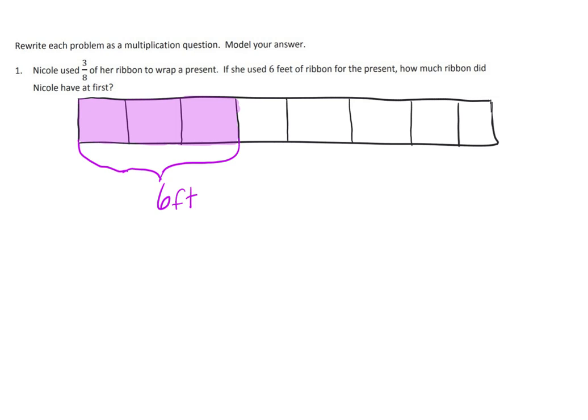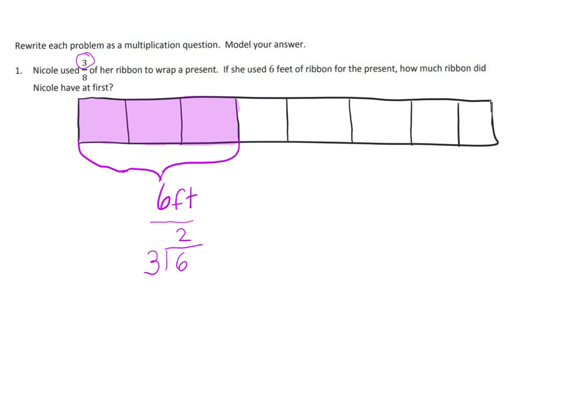So how can we figure out what one of each of these blocks represent? We can take our 6 and our 3 and divide them together. So 3 goes into 6 2 times with no remainders.